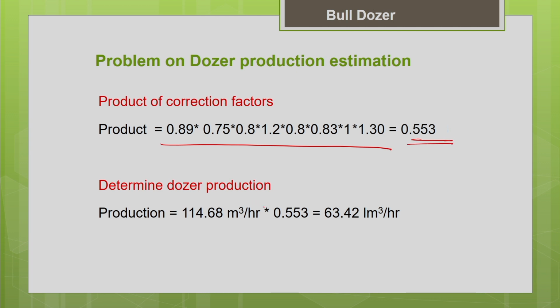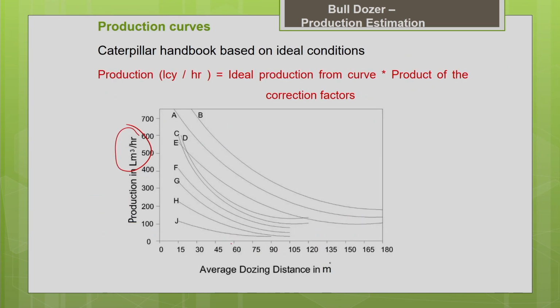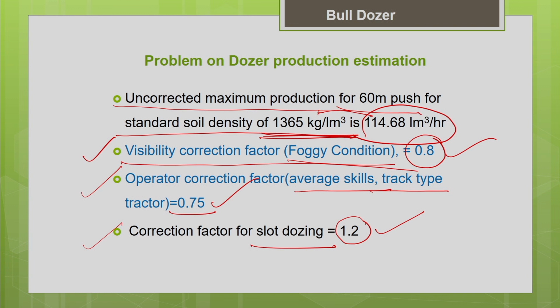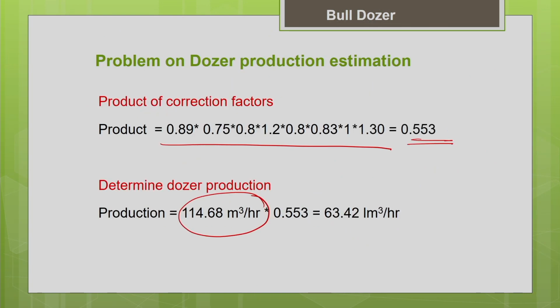So this is the value you have taken from the ideal curve. Hope you remember from the ideal curve. Okay, so from the actual ideal curve supplied by the manufacturer, I have taken the value as 114.68 loose meter cube per hour. So this 114.68 loose meter cube per hour, I am adjusting according to my project conditions by applying these correction factors.